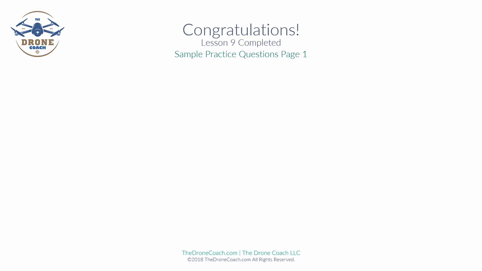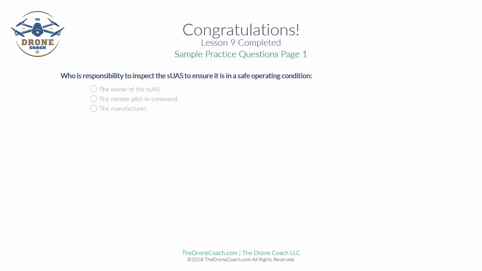All right, congratulations. The lessons are getting shorter. Let's review a few questions here. Who is responsible to inspect the sUAS to ensure it is in a safe operating condition? Remember, we previously said who is responsible for everything and anything?